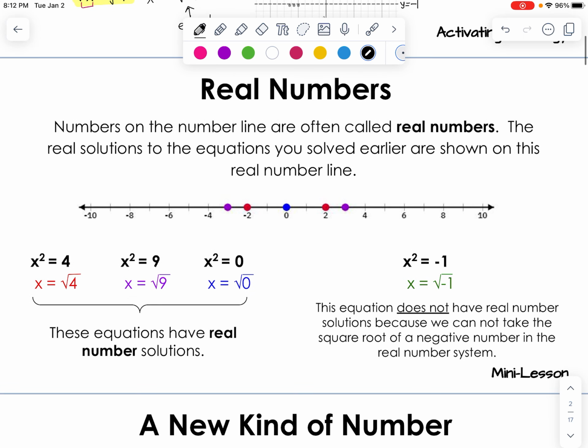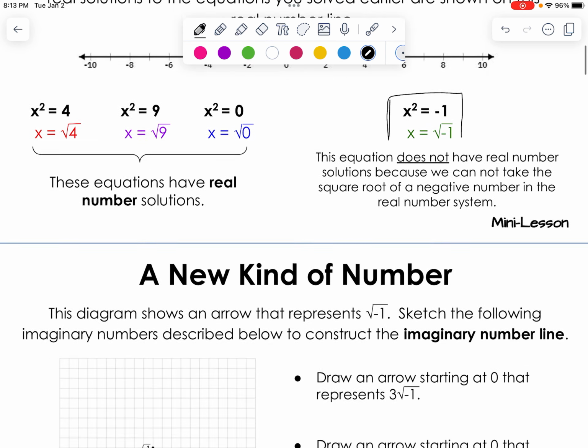For the first 3 examples that we just looked at, those all had solutions that were considered real numbers. Real numbers are the numbers you're used to. You've done a lot of math with the real number line. They're just normal numbers. But now we have this new number because we have an issue over here, which is that when x squared equals -1, x equals the square root of -1, and this is not a real solution, but it is still a solution.